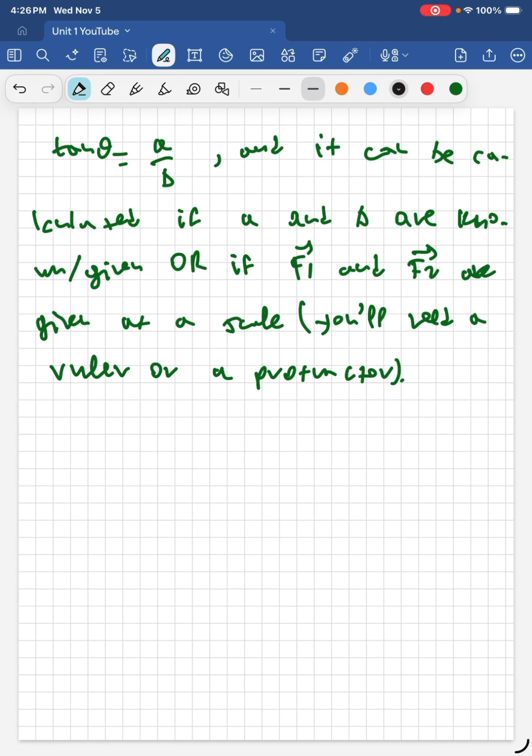The second way to add non-perpendicular or parallel vectors is the parallelogram rule. Okay, so that's the second way. The parallelogram. That's a mouthful. Parallelogram rule. Now in actual Greek, this is a Greek word. Parallel means, okay, parallel.